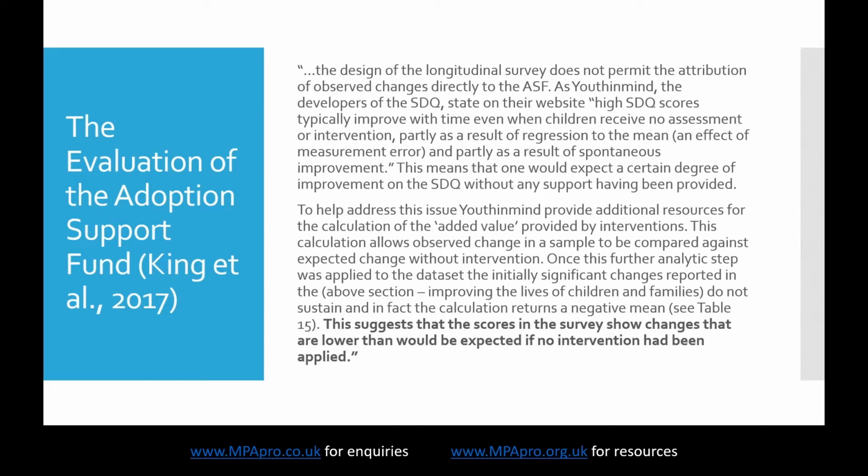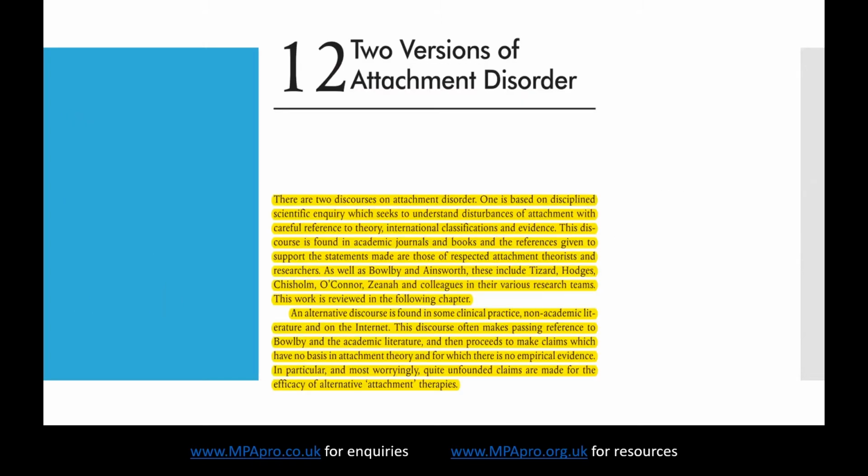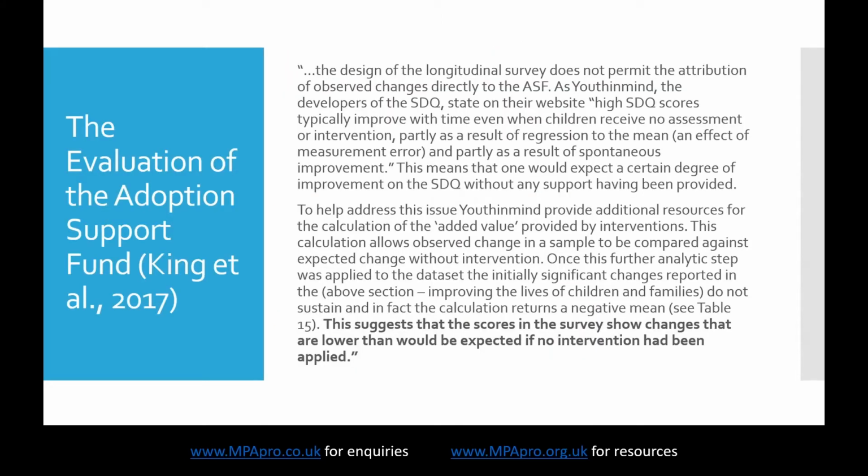And if you go back to what Pryor and Glaser are saying, why did they say most worryingly quite unfounded claims are made for the efficacy of alternative attachment therapies? Well, because they don't work if you misapply them. They may not even work if they were applied correctly. We don't even know that they're efficacious. But if you give kids with neurodevelopmental disorders those therapies, you very often make them worse.